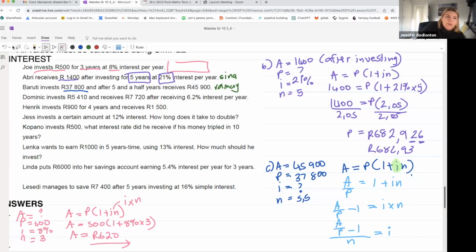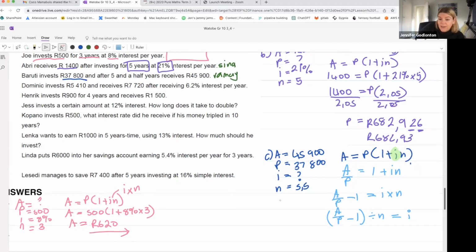If you feel stressed by having such a big thing as a fraction, which is perfectly normal, you can also just put it in a bracket. So you could say A over P minus 1 divided by N is equal to I, if you find that easier. It's up to you. And then you can just pop in the values from your question.